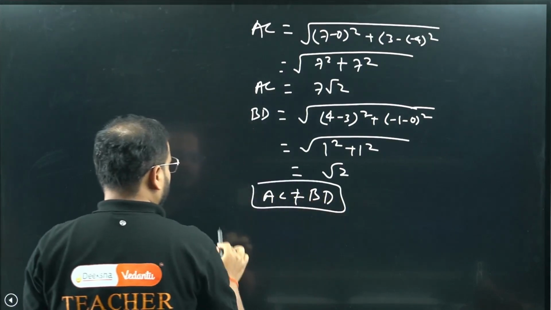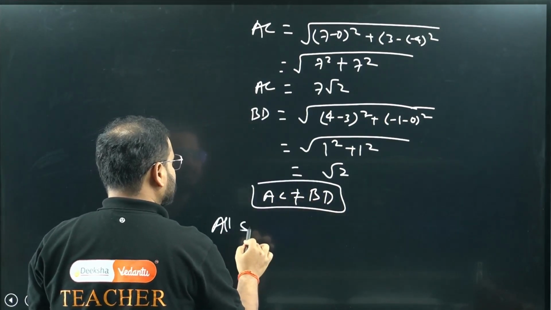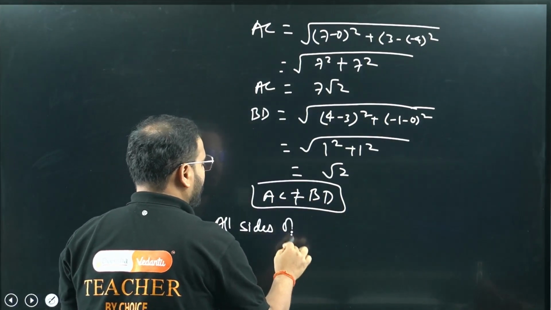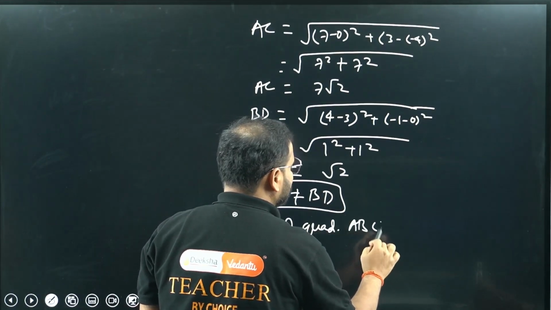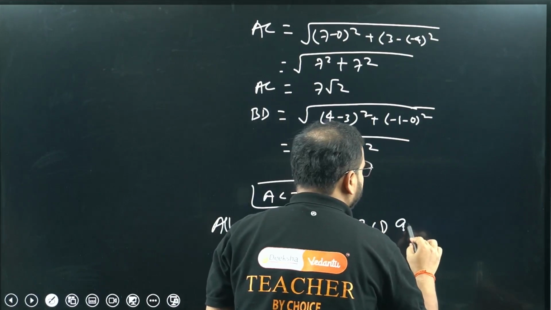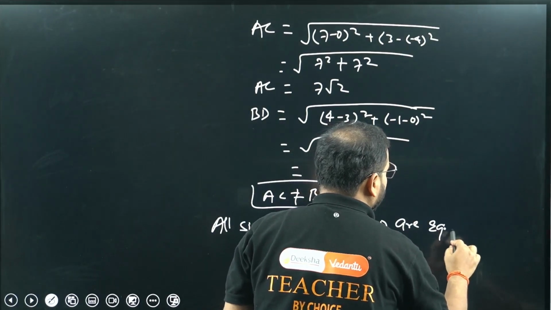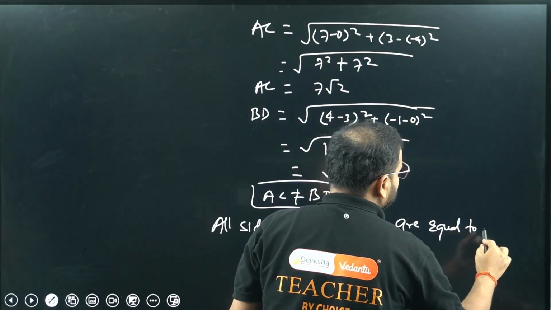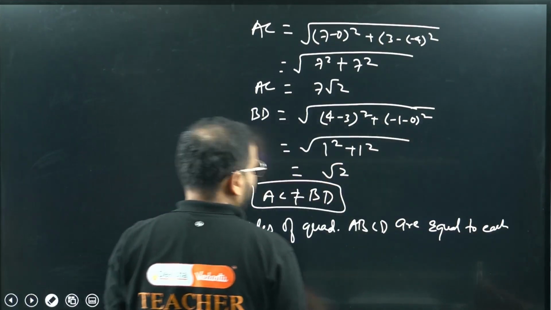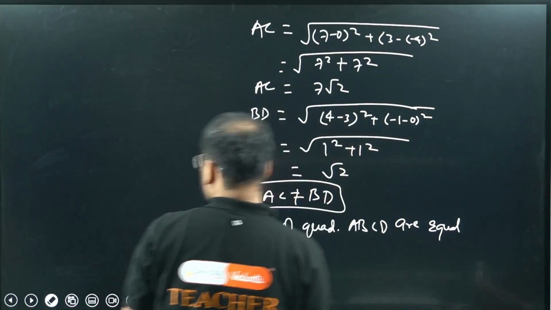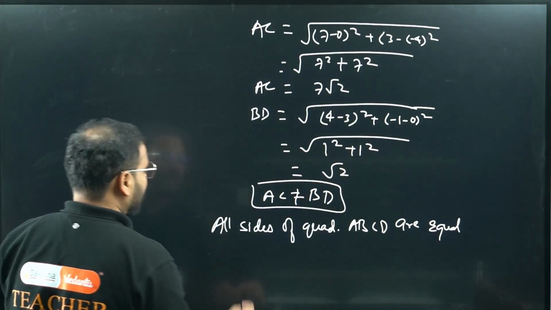So what am I getting? All sides of quadrilateral ABCD are equal. Okay, I don't write each, this part is enough. All sides of the quadrilateral are equal, and what's the and part?